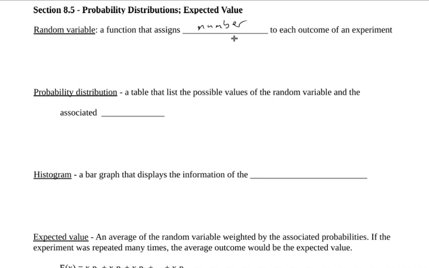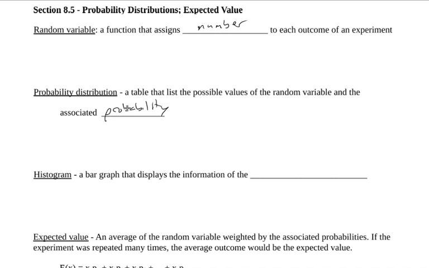Now, it doesn't always come quite as naturally to have a number assigned to an outcome. Sometimes you have to be a little bit more creative with it, but usually it's not bad. The probability distribution of an experiment is just all of the different values of the random variable and the associated probabilities.